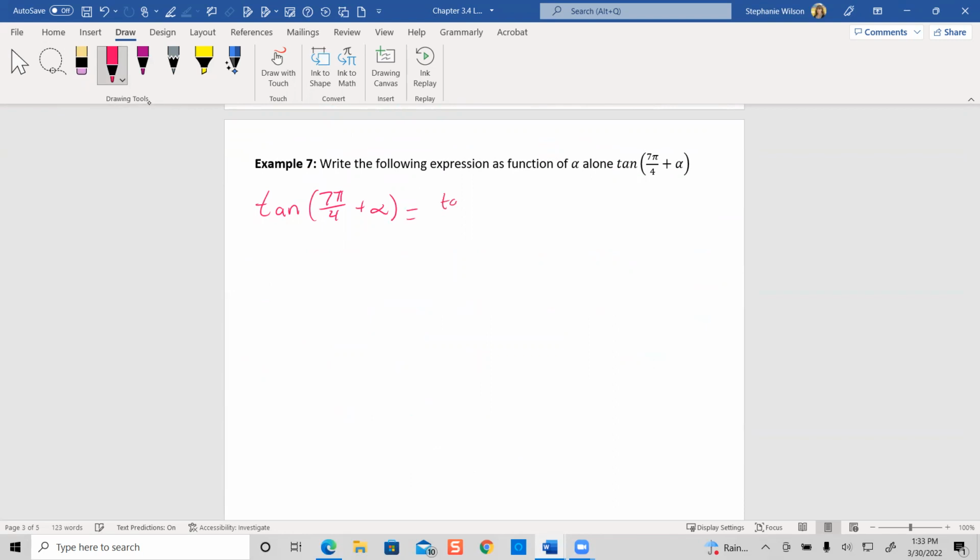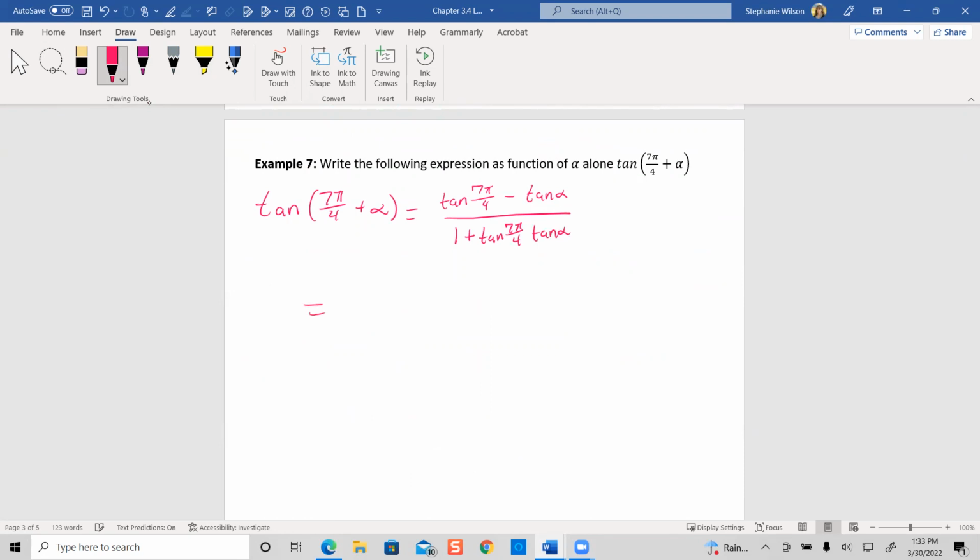So now let's plug in what we know. We got tangent 7 pi over 4 minus tangent of alpha over 1 plus the tangent 7 pi over 4 times tangent of alpha.